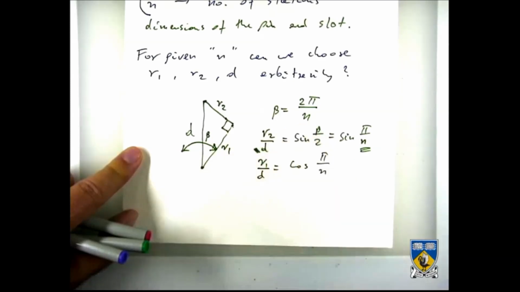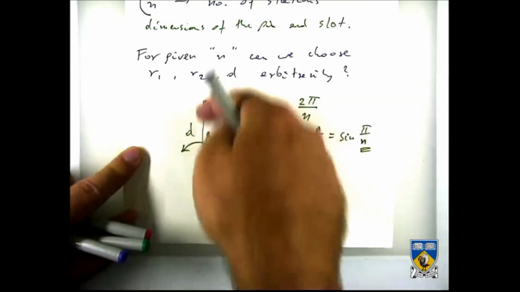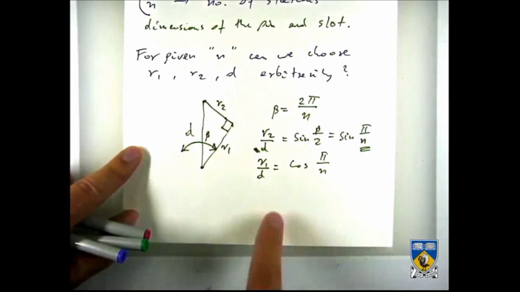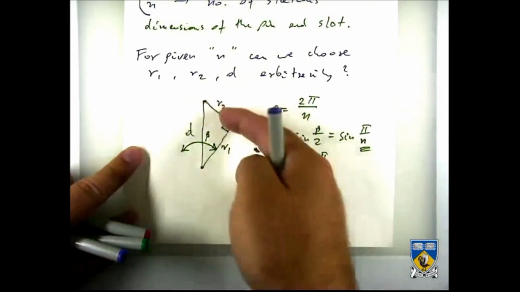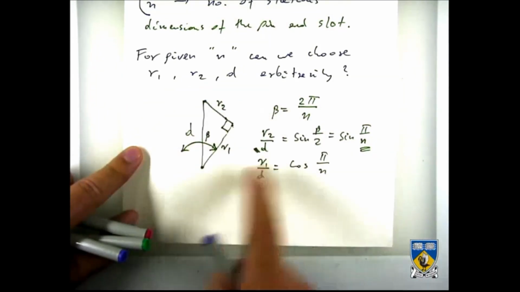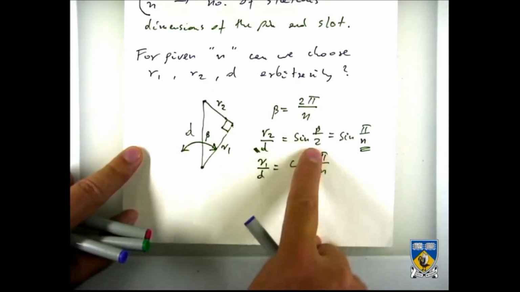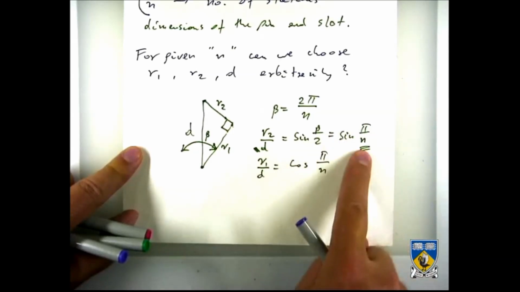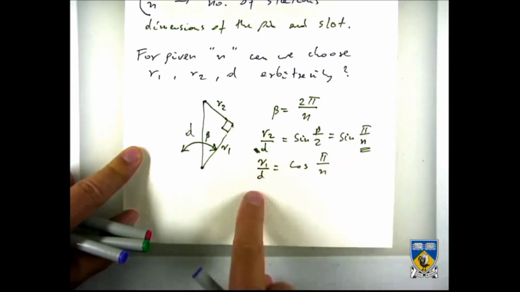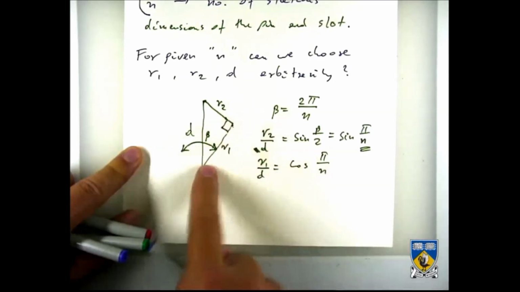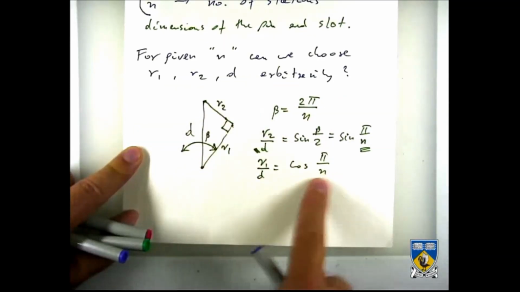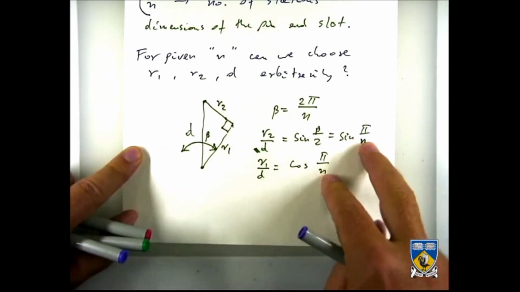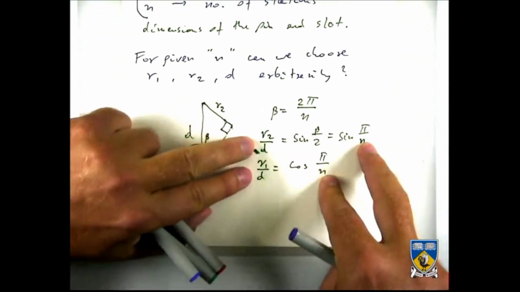And then we have this simple triangle that has the right angle here, and we can easily see that R2 divided by D is the sine of beta divided by 2, which is sine of pi divided by the number of stations. And R1 divided by D is the cosine of that angle. So these two equations are linking the 3 design variables.